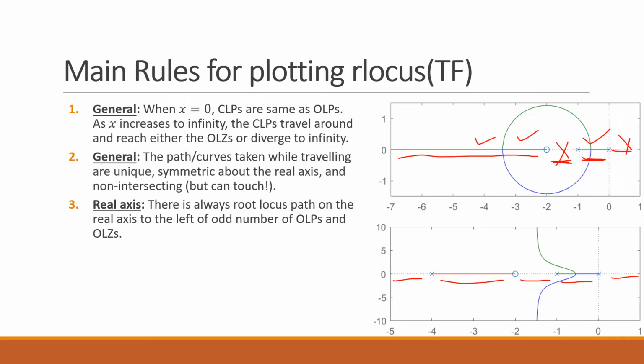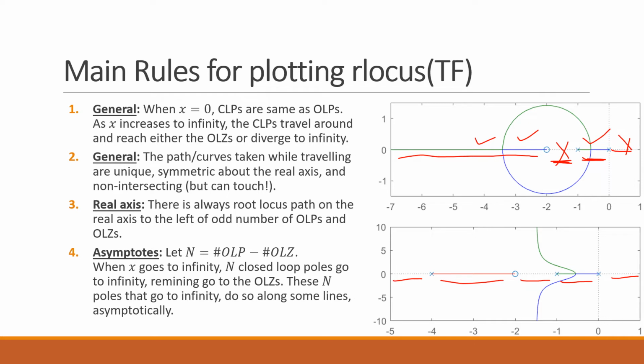So this real axis rule is very useful, and it's actually one of the first rules we try when we draw root locus diagrams. Next, as we have seen earlier, some of the closed loop poles reach open loop zeros. They start from open loop poles and reach open loop zeros, but the remaining closed loop poles go towards infinity. Now these poles which go towards infinity follow some lines, and these lines are called asymptotes.